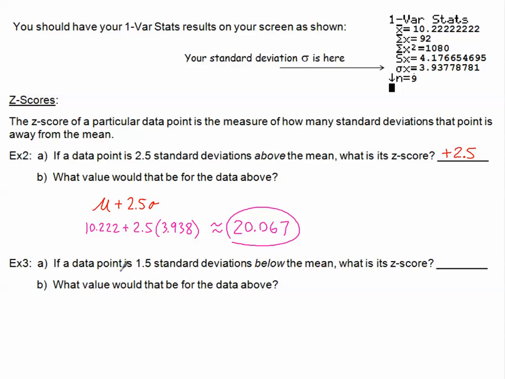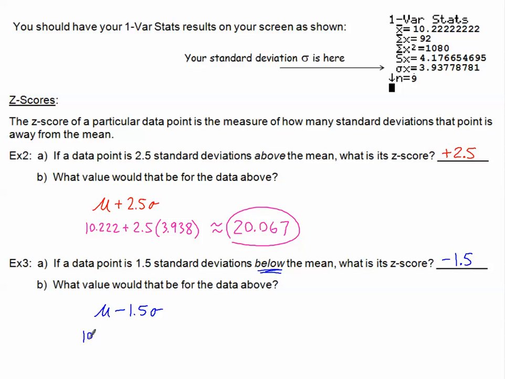This time, if a data point is 1.5 standard deviations below the mean, then what would its z-score be? Well, if we're below the mean, that means that our z-score is negative, and of course 1.5 is 1.5. So 1.5 units below the mean would be negative 1.5 for the z-score. And if we wanted to calculate what that data value would be, we would take our mean and subtract 1.5 standard deviations.